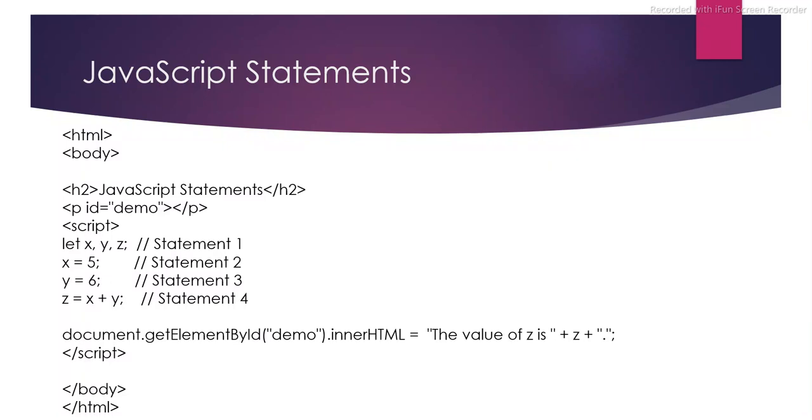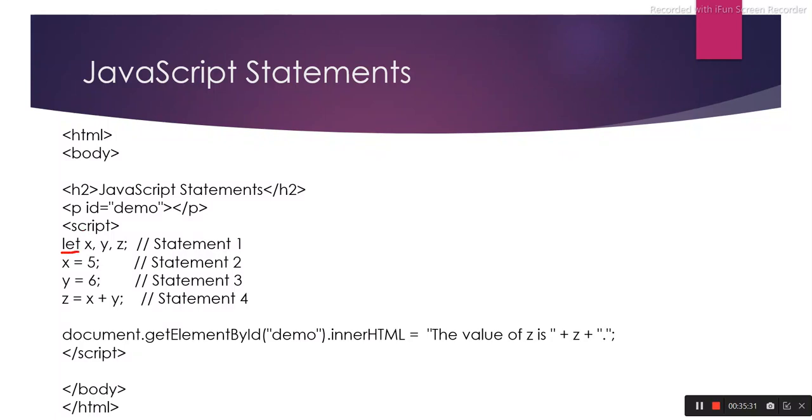Then we are moving on to simple JavaScript statements. How do you declare variables, and then how to do some small operations, addition, subtraction, something like this. This example will show you how to declare simple variables. You can see from here I have two ways of declaring variables.